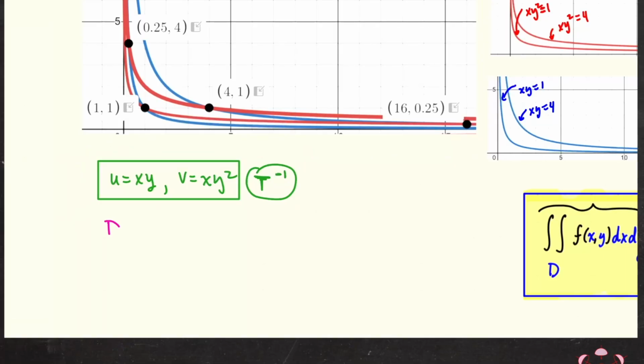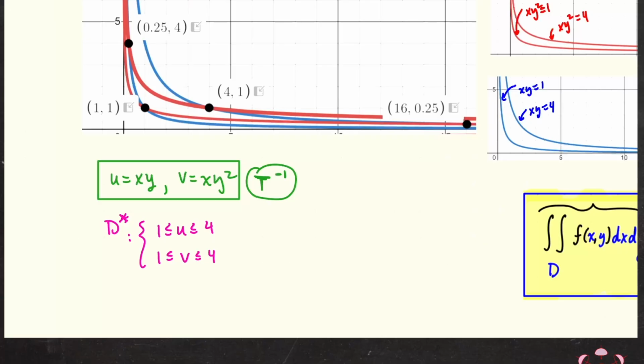Let me start off drawing a picture here. It's simple enough to say u goes from 1 to 4, and so does v. So this will be our D star.